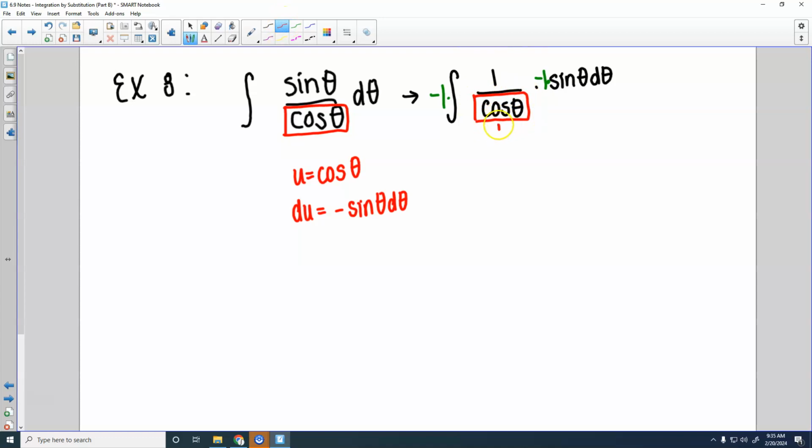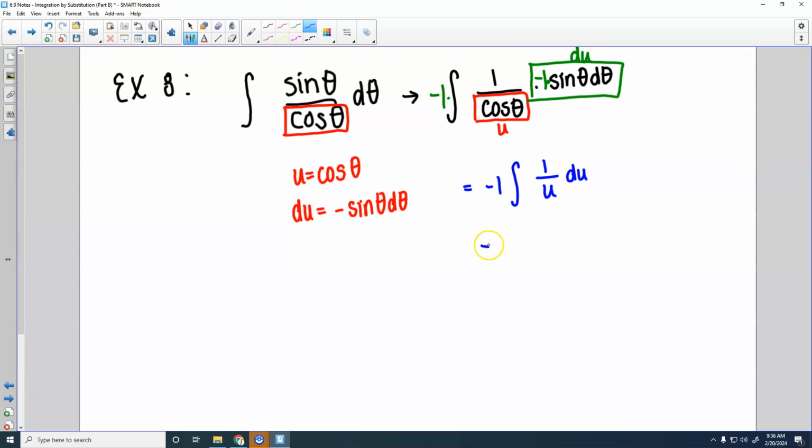So that denominator there is our u. All of this stuff over here is our du. And so when we substitute in, we've got 1 over u du. What is the integral of 1 over u?